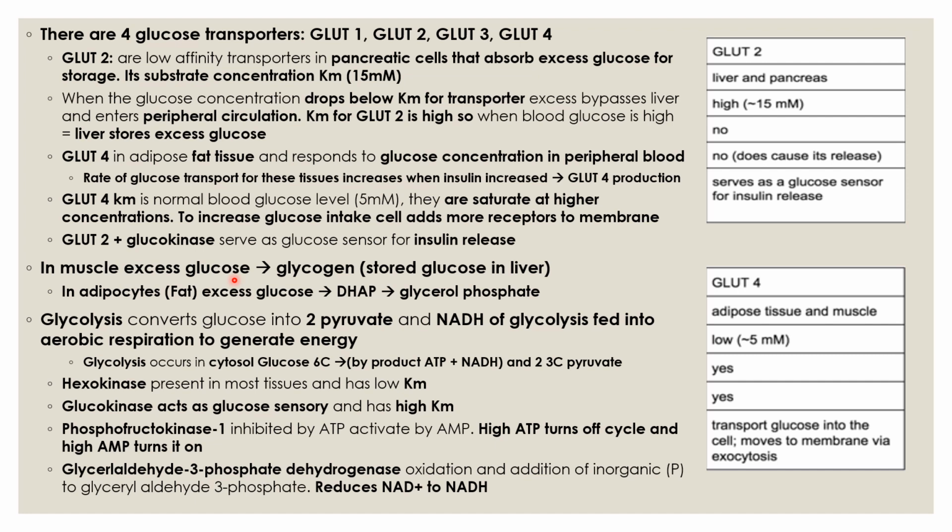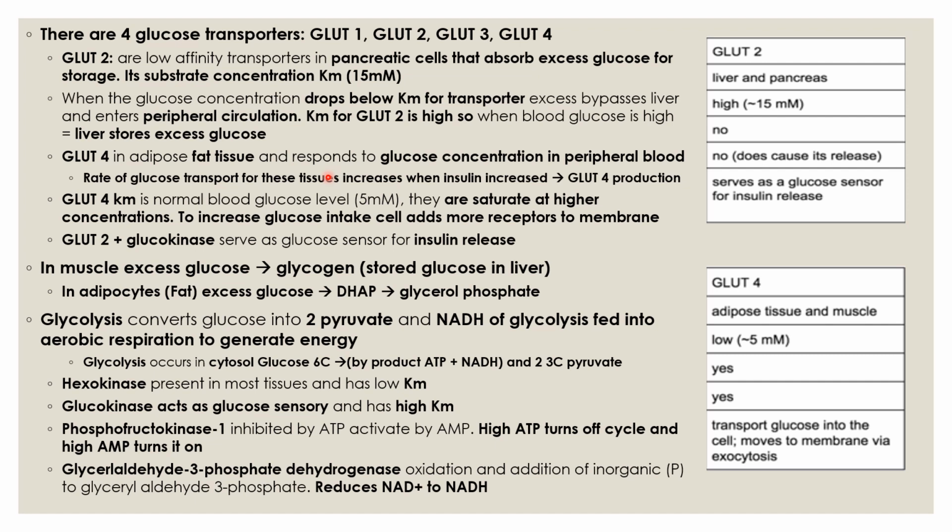And then in the muscle, when you have excess glucose, that glucose turns into glycogen, and this is stored glucose in the liver. So in the liver and muscle, excess glucose is turned into glycogen to be stored and used and broken down later. We're going to be learning about how we make glycogen and how we break it down.